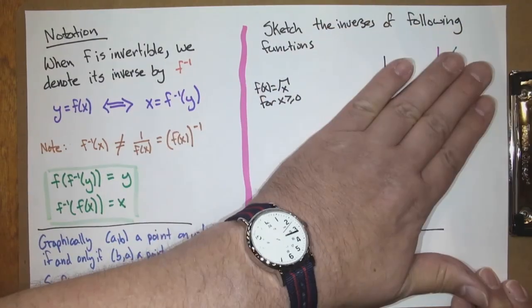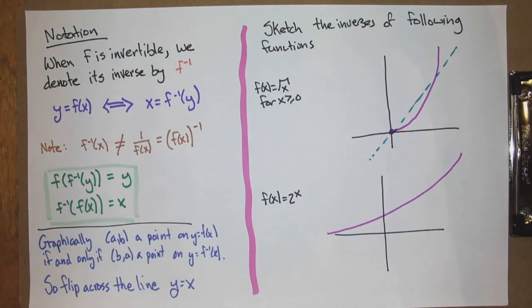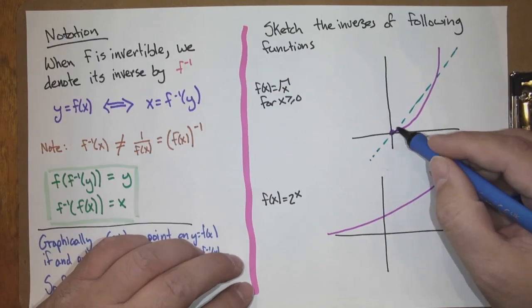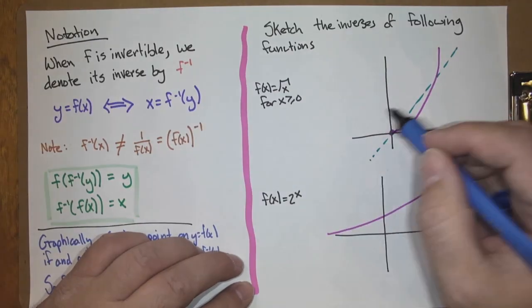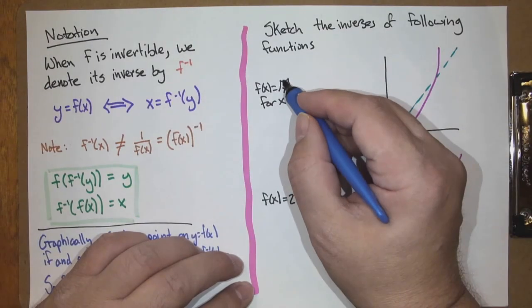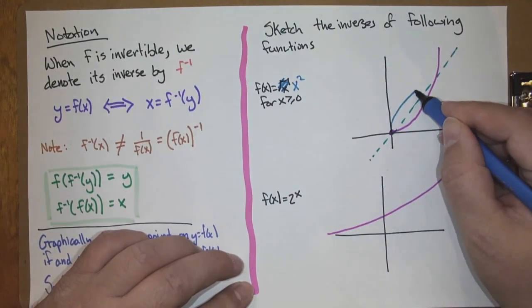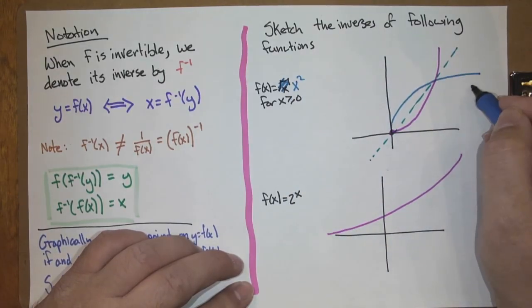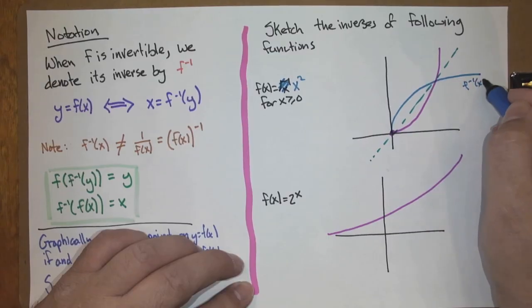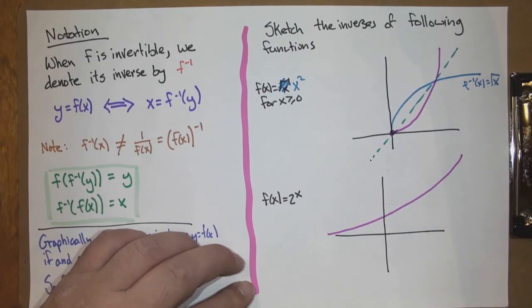So we're flipping it across that line. Whoops, this was supposed to be x squared. Sorry about that. Then we get this curve. And this is f inverse of x, which is square root of x.